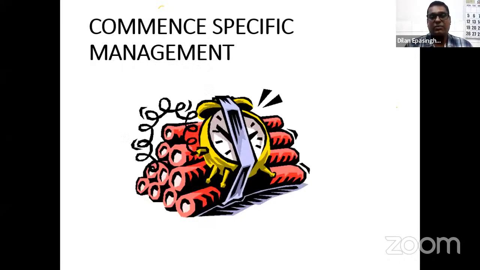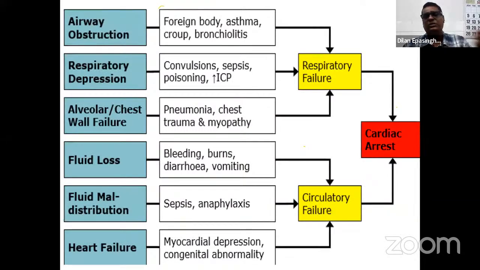Then specific management, as I said earlier, like asthma, cardiac failure, respiratory failure: you have to start specific management. But you can see that the last thing is cardiac arrest. You can see airway obstruction, inhaled foreign body, asthma, bronchiolitis, respiratory depression, convulsions, sepsis, poisoning, increased ICP, chest wall failure, pneumonia, chest trauma.